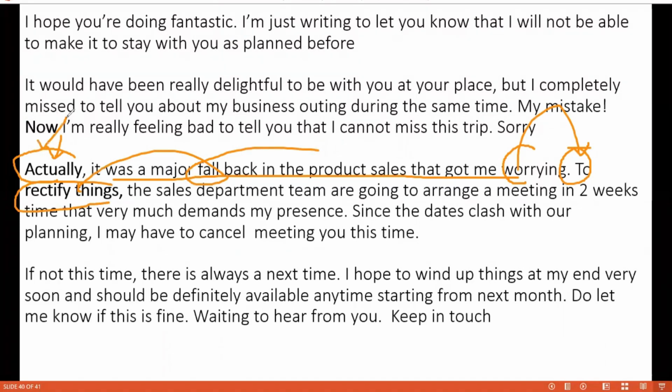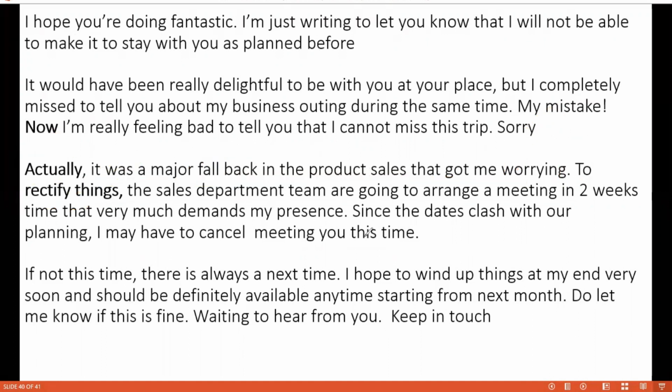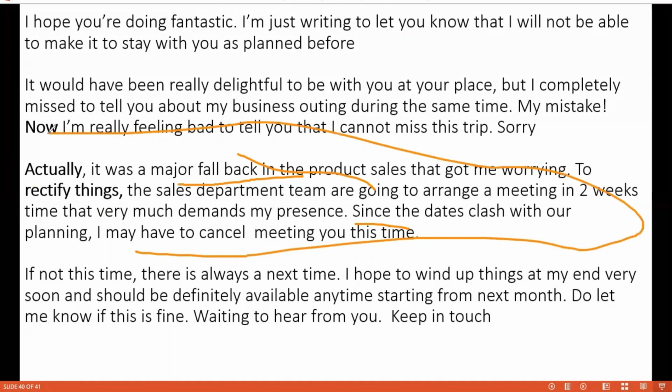We call these signposts. Firstly, secondly are not used very much because it's an informal letter. But if you see the ideas there, the major fallback was the first one, and then you talk about the solution as to what is to be done. And because of that, since the dates clash, I may have to cancel. So the ideas are correlated is what I am telling you.